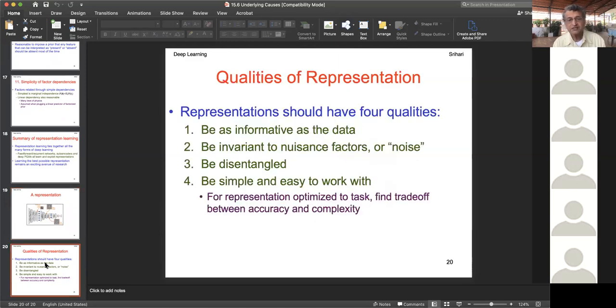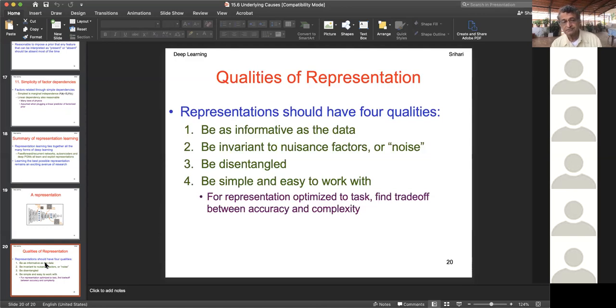So the qualities of a representation: representations should have 4 qualities. Be as informative as the data. The data, of course, has a lot of information in it, so we are losing information when we go to a representation. And so we need to retain as much of the information as possible, but be invariant to nuisance factors such as noise, that are irrelevant to any task.